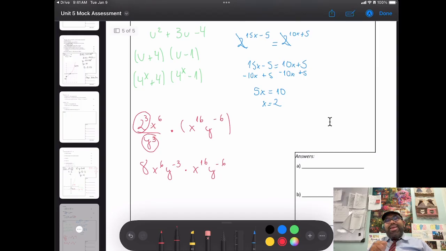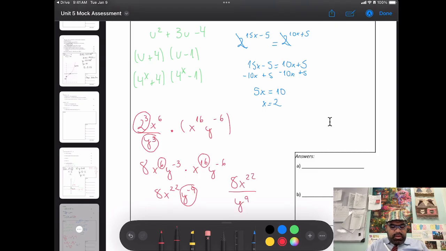We know it's multiplying here, so we add. Then 8 x to the 6 plus 16, 22 power. Negative 3 minus 6, negative 9. Y to the negative 9 power. If I want to keep all powers positive, let's bring this down to the denominator to get rid of this negative power. The final answer will be 8x to the 22, over y to the 9.